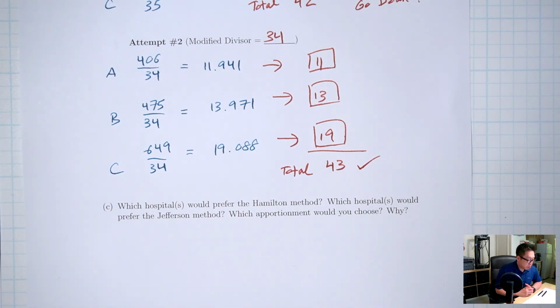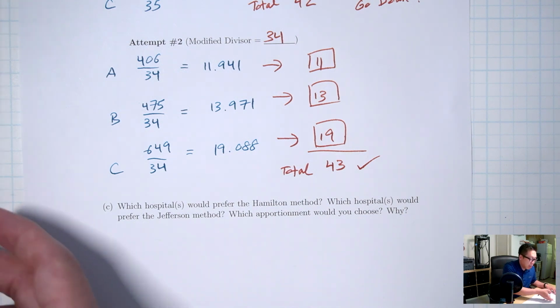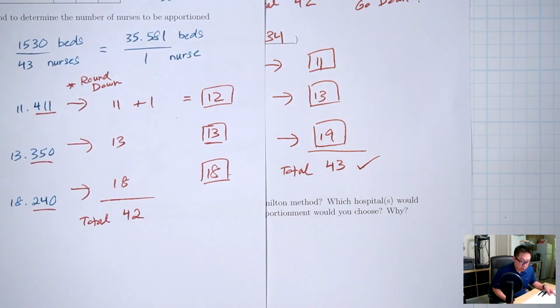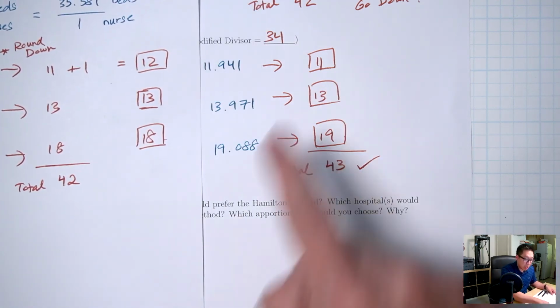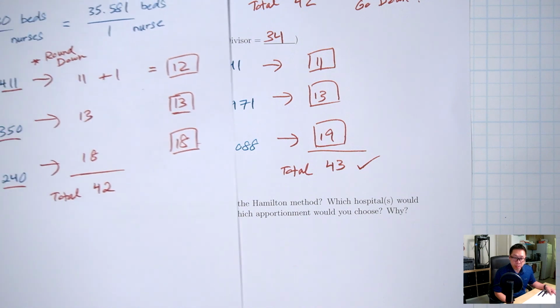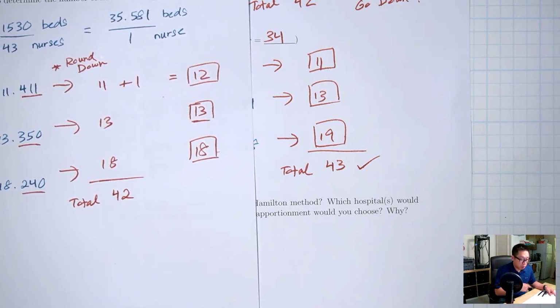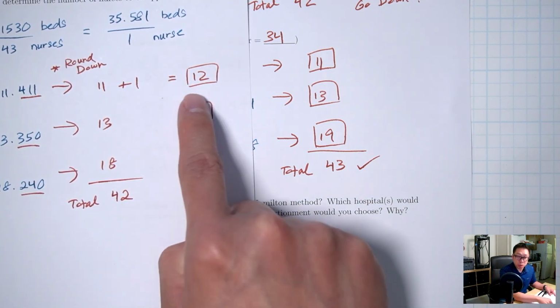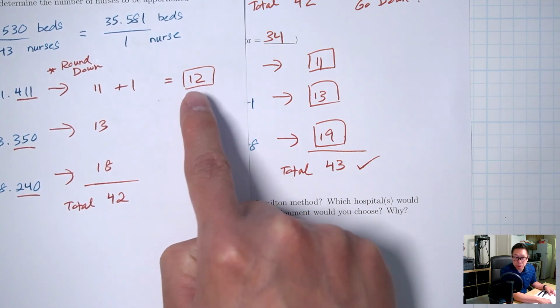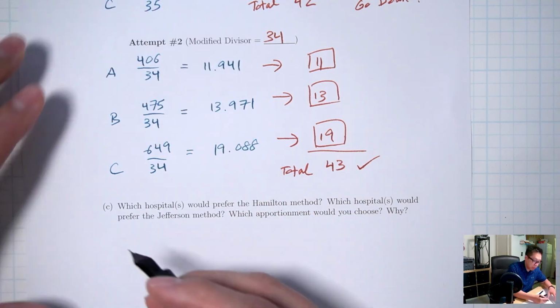So let's go with A. Okay, so A, which method would A prefer? So A got 12 nurses with the Hamilton method and 11 nurses with the Jefferson method. So probably A is going to prefer the Hamilton method, which will give it more nurses, right? So A probably prefers the Hamilton method.